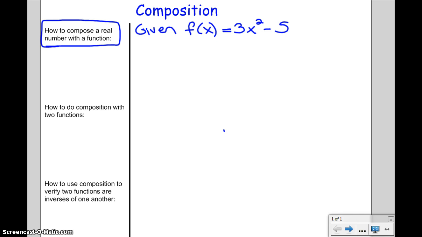You're also given that g of x, again, g of x and f of x are just 2 different names for one function. So it doesn't matter what we call them. But g of x is just going to be -1. What you're asked to do is you're asked to find f of g of x.